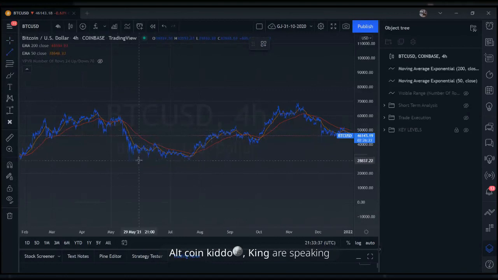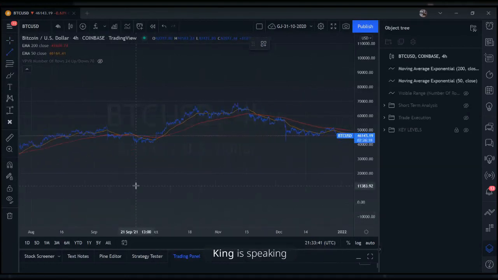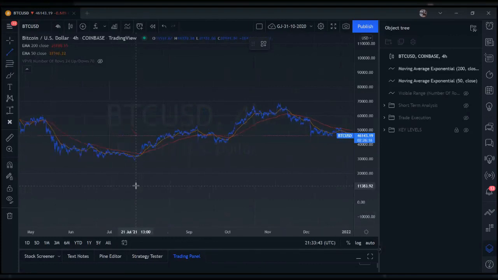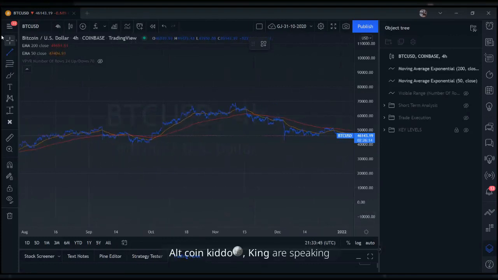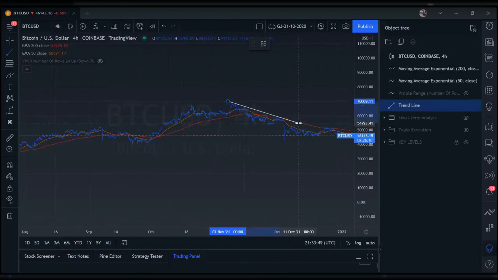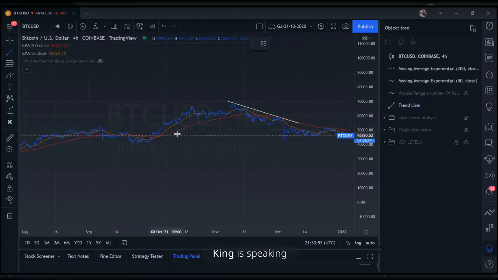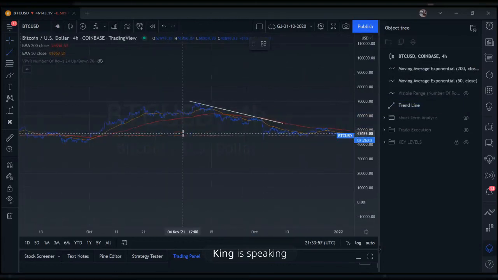Come with respect. Yeah, so trend lines are basically support and resistance levels, but they follow the trend instead of just being straight support and resistance lines. So you can trade the break of these levels.